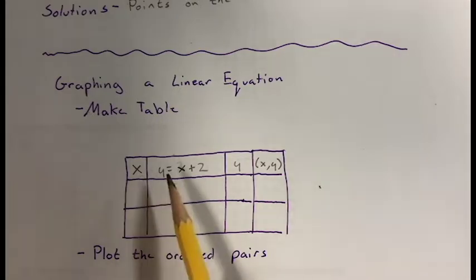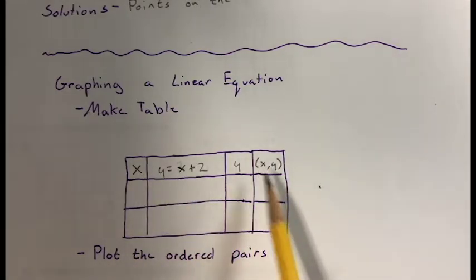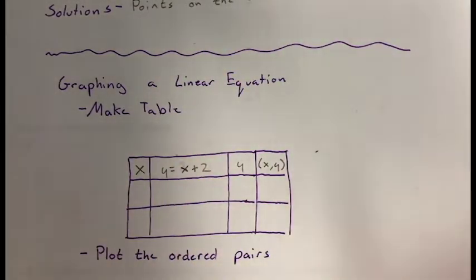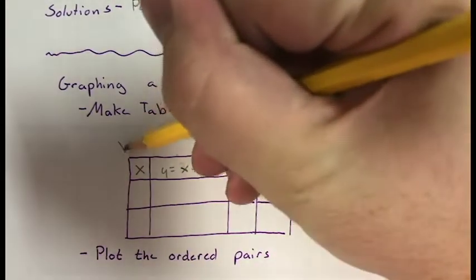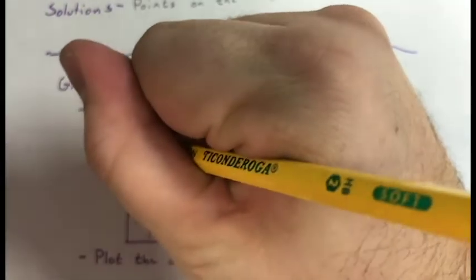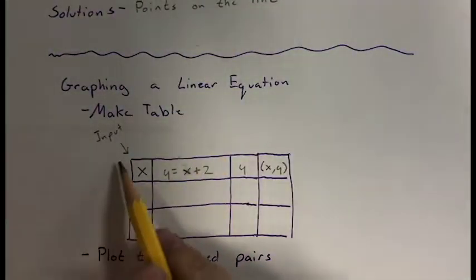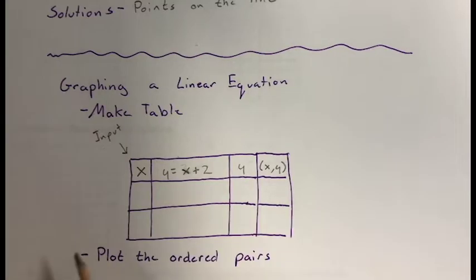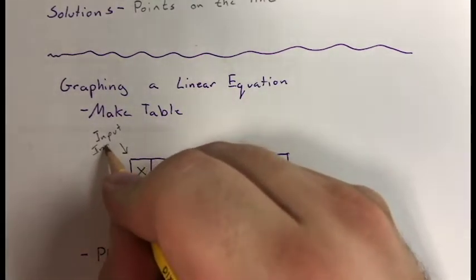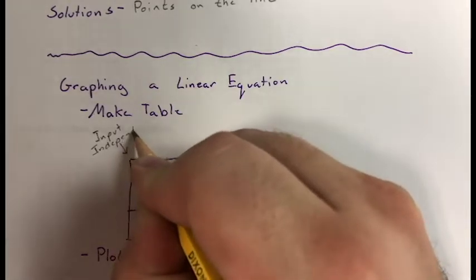I have an x, I have an equation, I have a y, and I have an (x, y). So just to touch base on what this table is about, this x represents my input. This is a term you're going to hear me saying, input. It also represents what I call the independent variable.